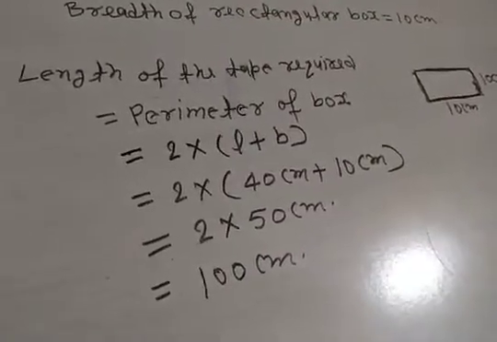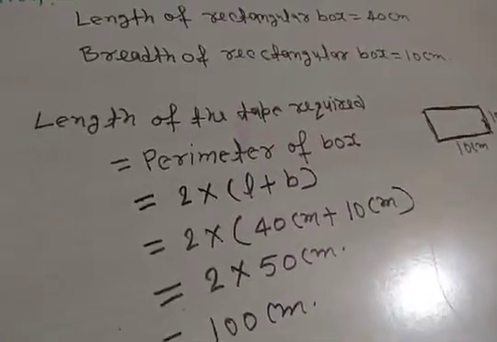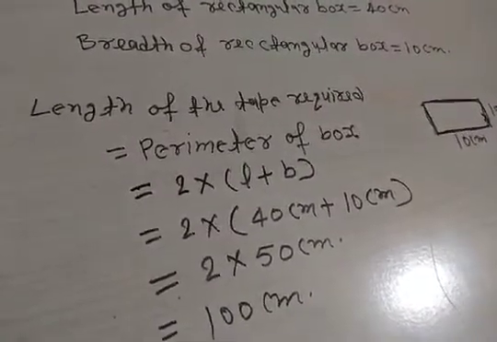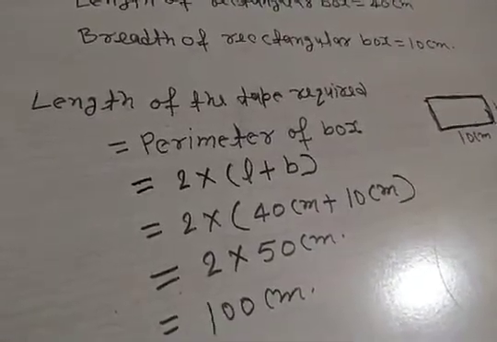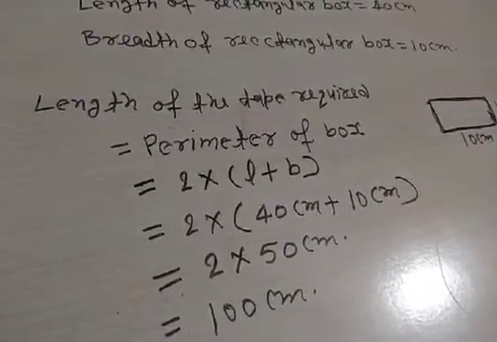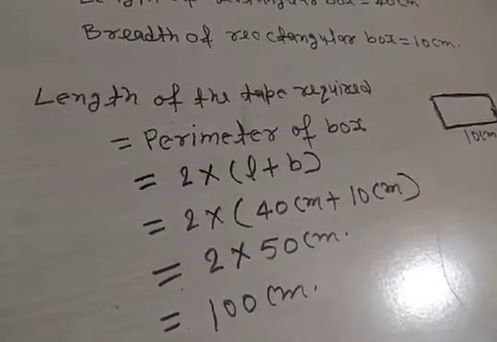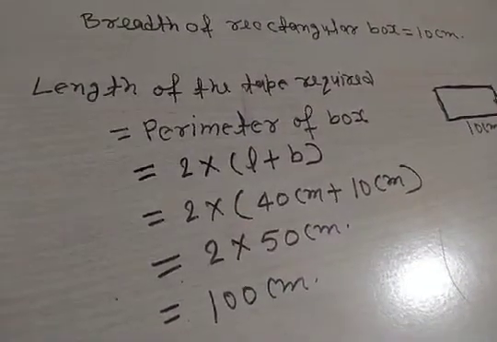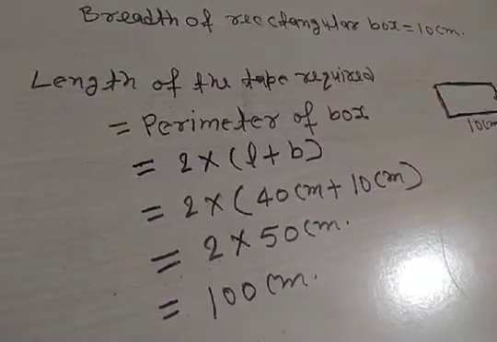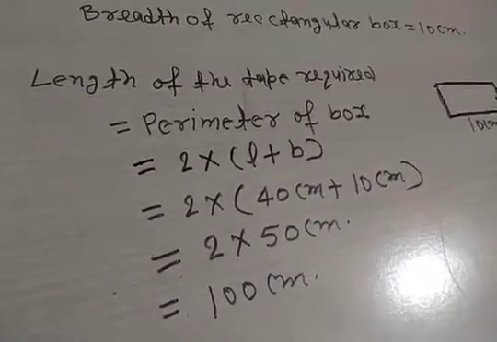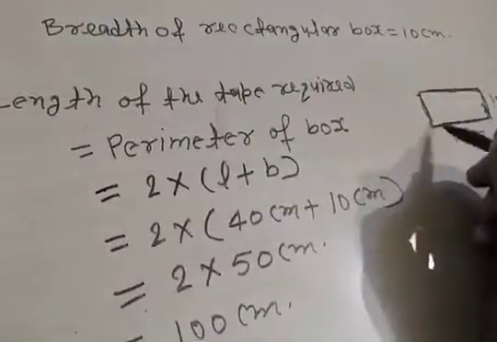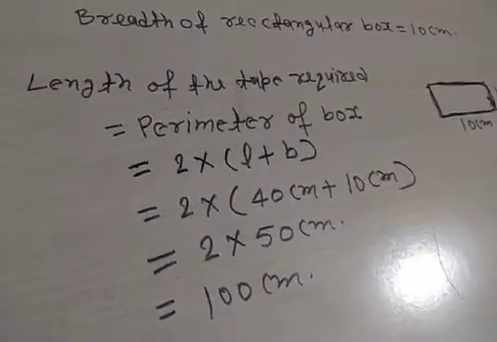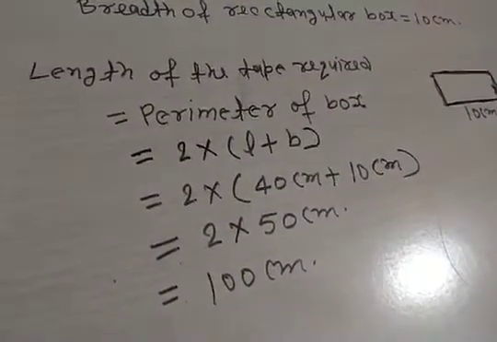So in this question, the lid of the rectangular box of sides 40 centimeters, meaning the length is 40 centimeters and the breadth is 10 centimeters, is sealed all around with tape. What is the length of the tape required? First you find the perimeter of the rectangular box, because you have to seal the tape on its boundary.